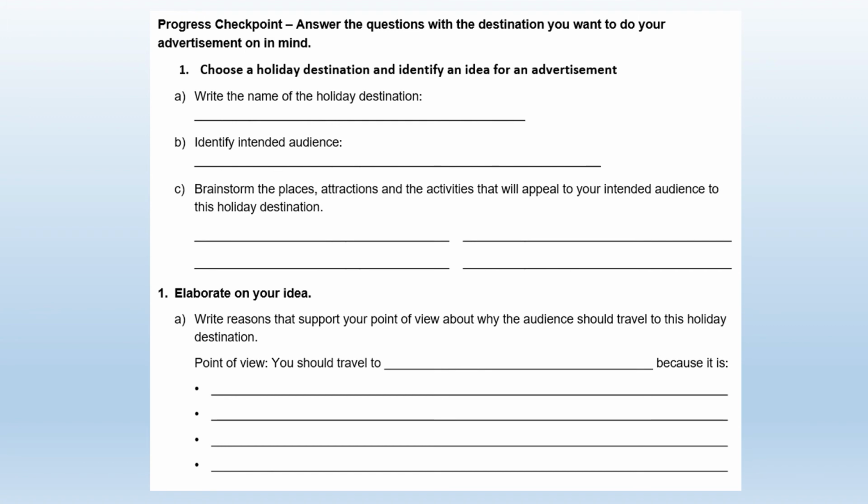And down the bottom of your page, you're going to write reasons that support your point of view about why the audience should travel to this holiday destination. So down here, you write, you should travel to, and then your holiday destination. So mine would be Tangalooma, because it is, and then you start thinking about why people should visit Tangalooma. So maybe it's thrilling, filled with outdoor activities.